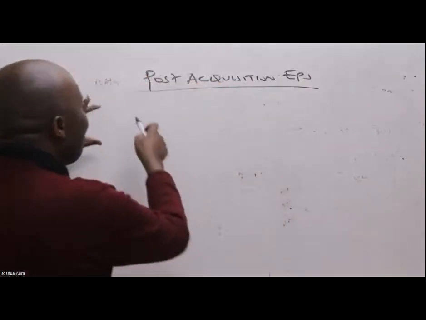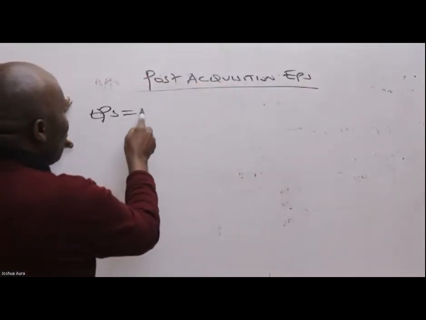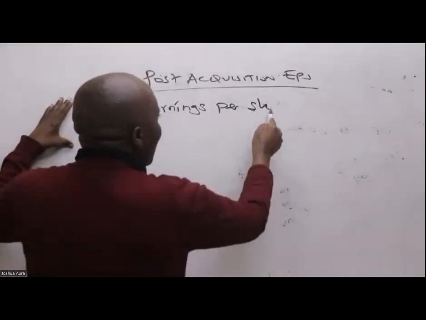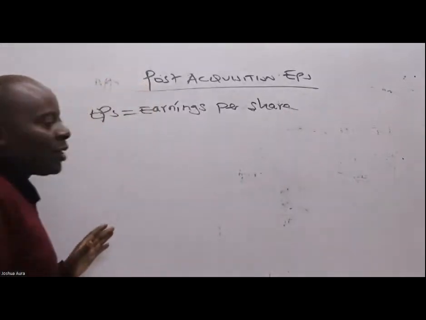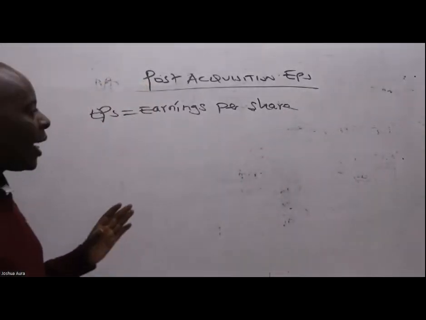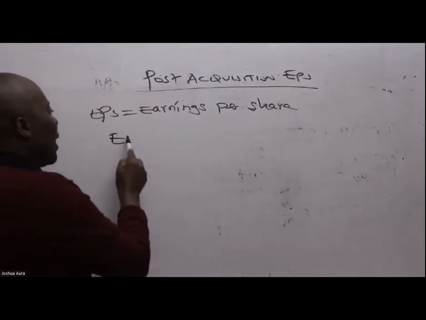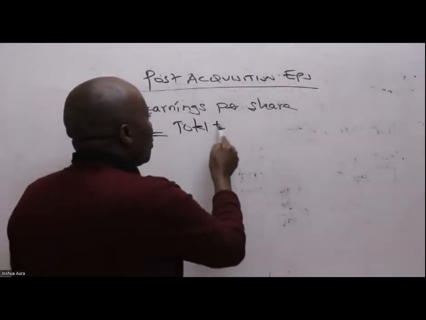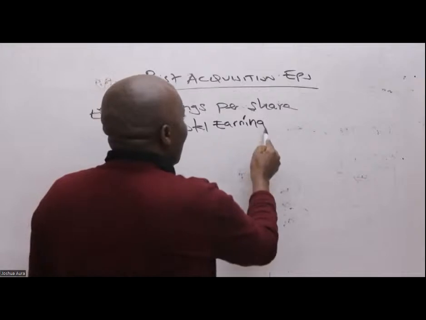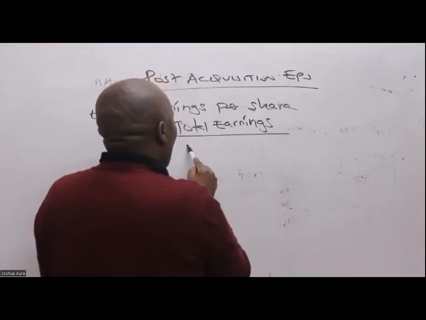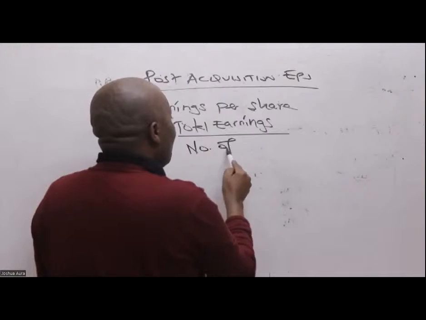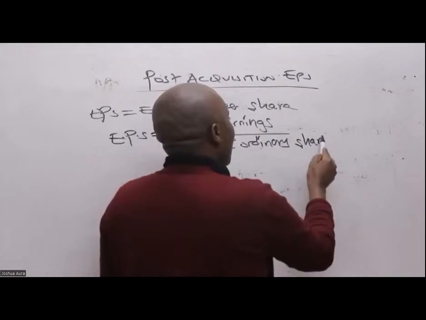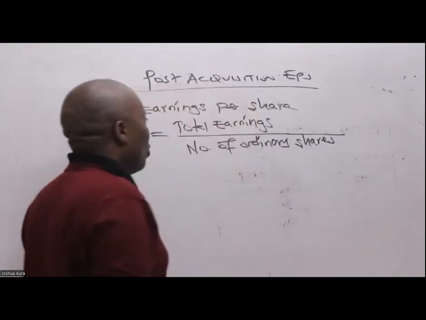You see, EPS stands for earnings per share. For us to be able to get earnings per share, we normally take the total earnings of the firm all over the number of ordinary shares.